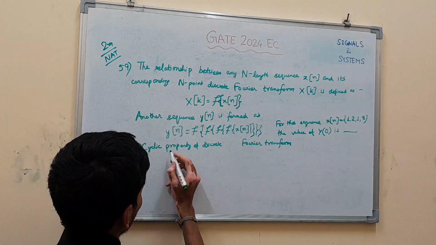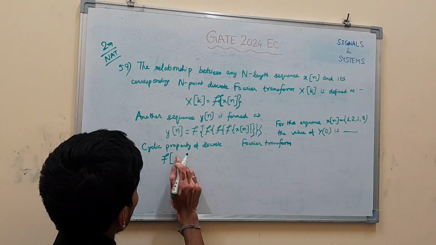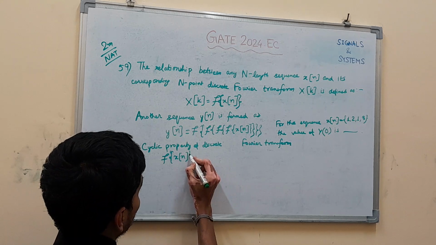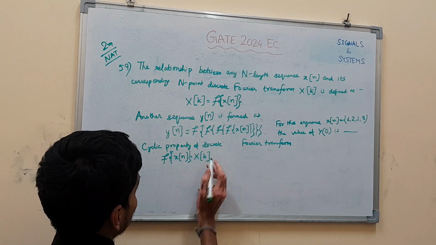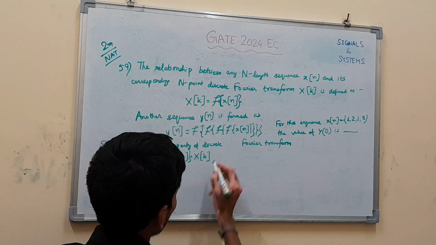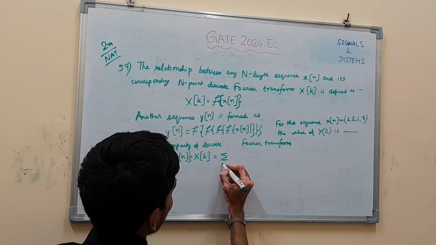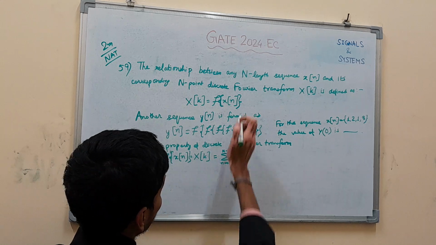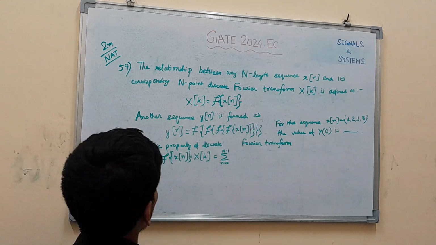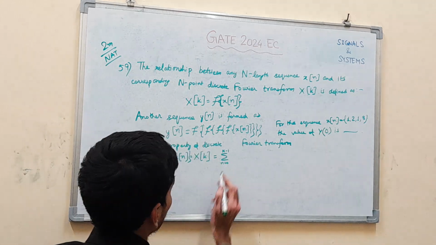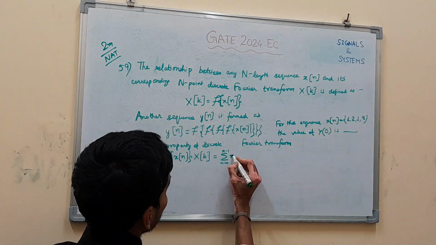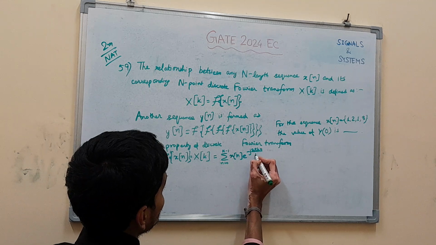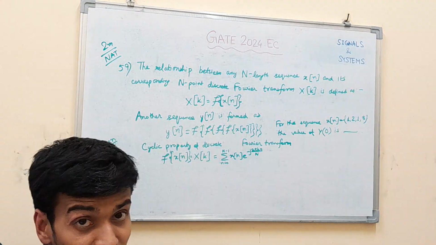Let's say like this. As we all know, Fourier transform of x of n is capital X of k, it's nothing but summation n equal to 0 to N minus 1 for a discrete sequence of length N, x of n e to the power minus j 2 pi k n by N. This is the mathematical definition.